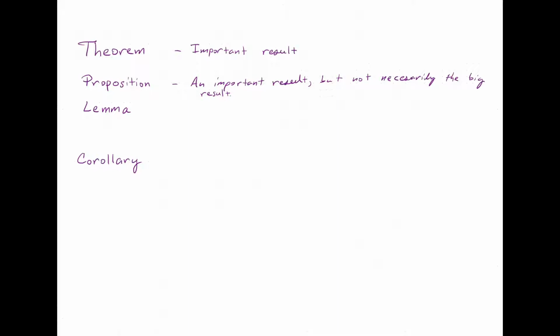There are mathematicians that will look at a certain theorem and say, oh, this is just a proposition, this is not that important, and vice versa: oh, this proposition should be upgraded to a theorem. But I want you to be aware of this distinction of theorem versus proposition and the subjectivity of when to use them.